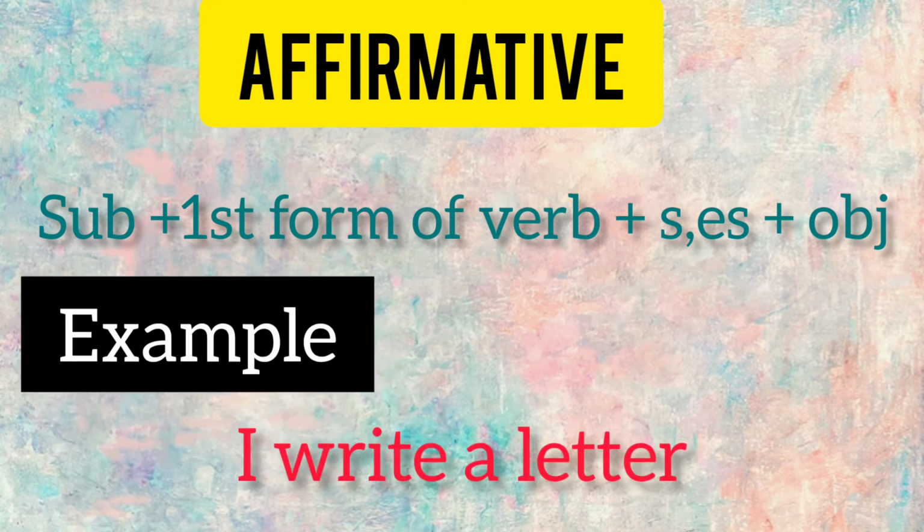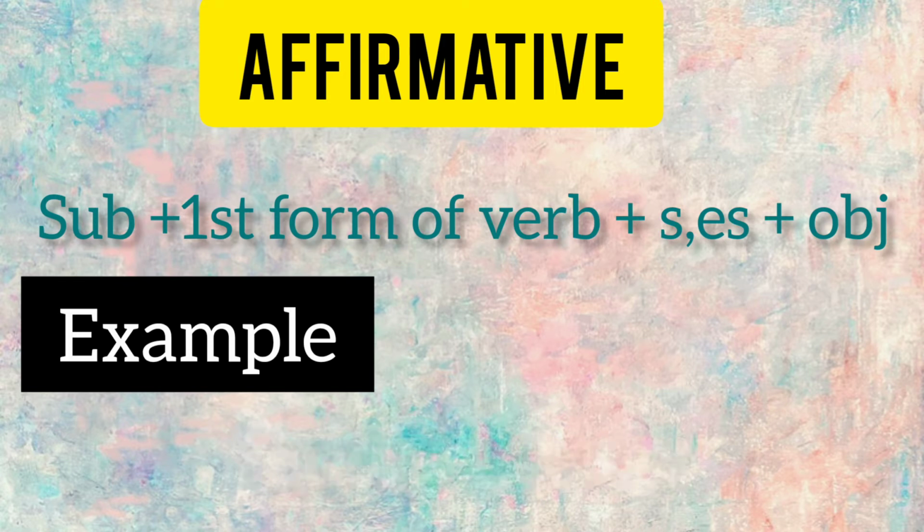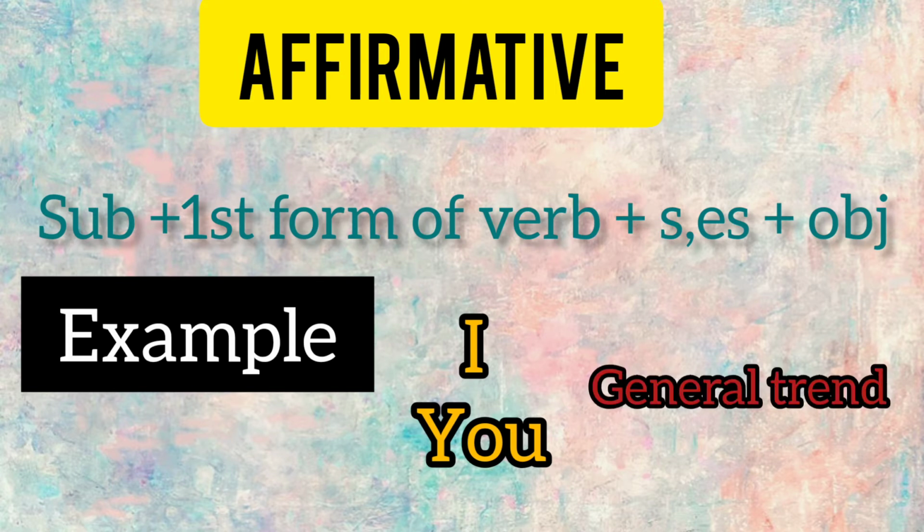For example, I write a letter. But you can see I is a singular noun, but I do not use s with its verb. Verb के साथ s नहीं लगाया because I and you are the two exceptional cases of grammar which differ from the general trend. I and you have a different trend.